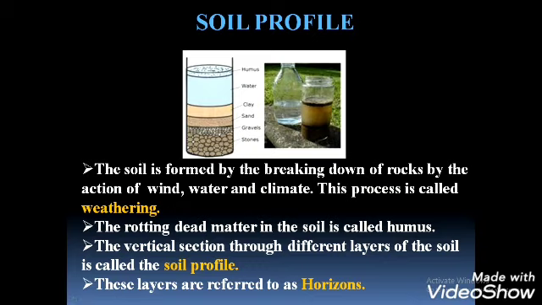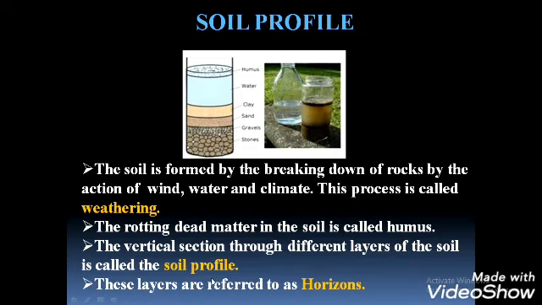Okay, so we say that soil is composed of distinct layers. So the vertical section through different layers of the soil is called the soil profile. Okay, we know that the nature of any soil depends upon the rocks from which it has been formed and the type of vegetation that grows in it. A vertical section through different layers of the soil is called what?